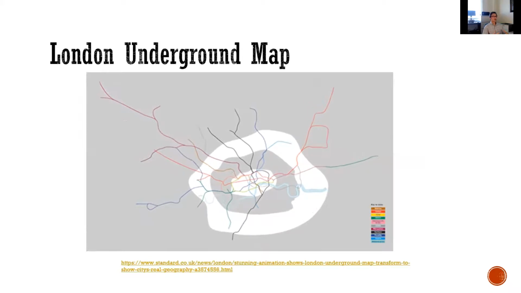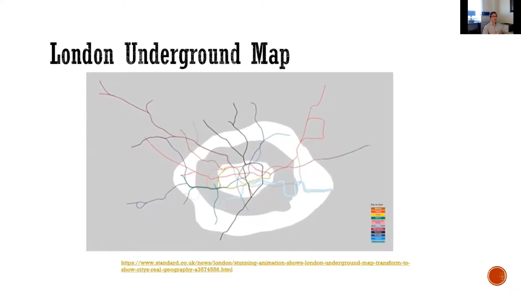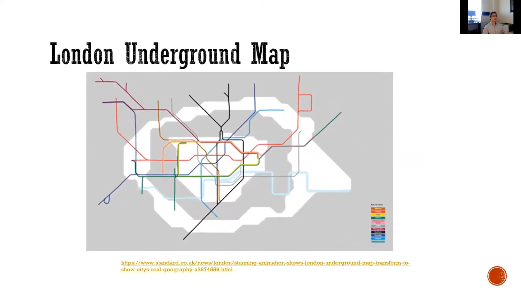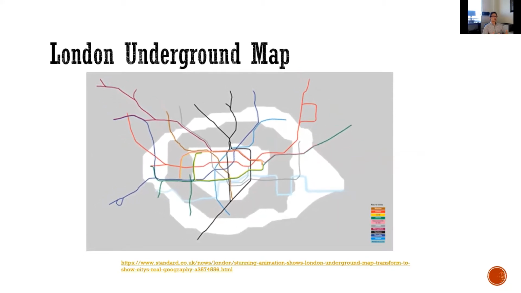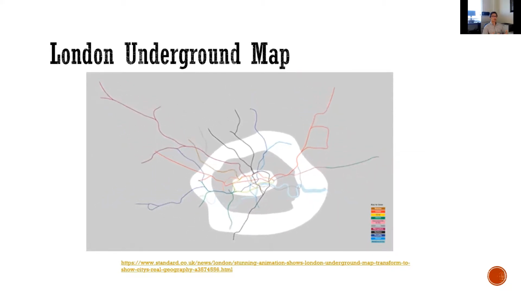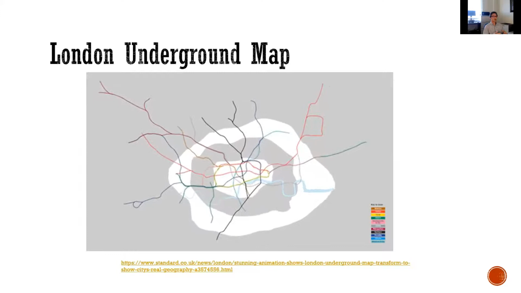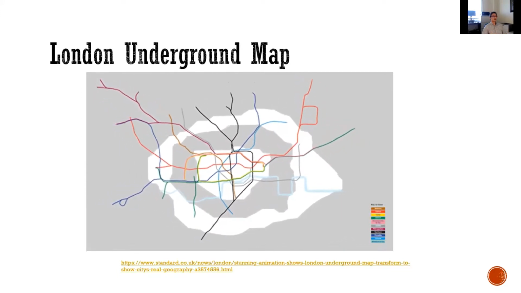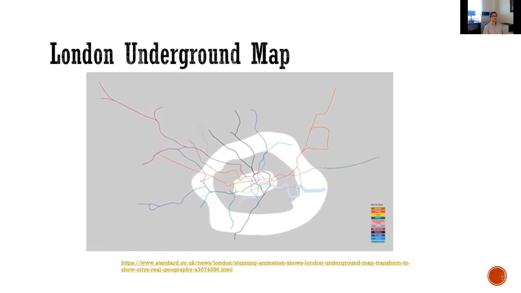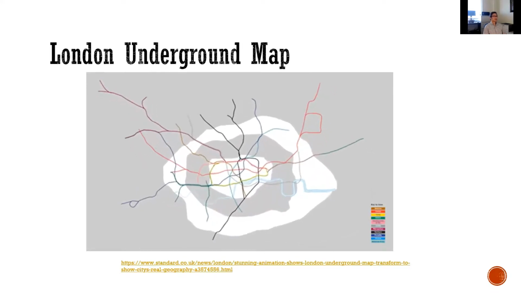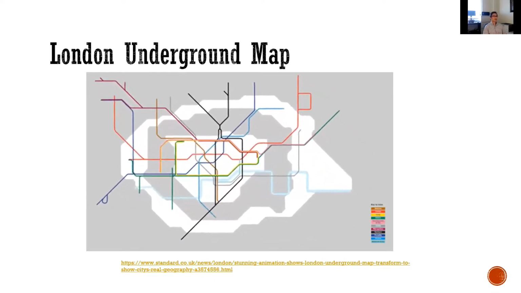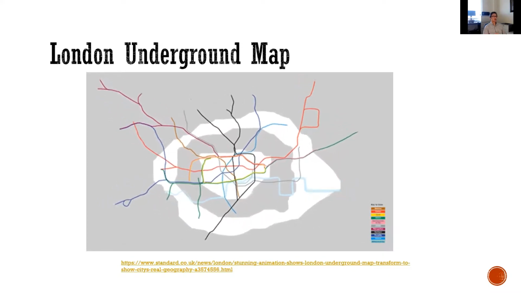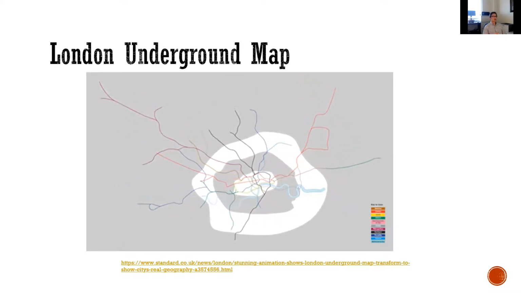People like to do this transformation in order to make those crowded data points more spread out, so you can easily see the information, the relationship between stations. So the same idea applies to single cell analysis.